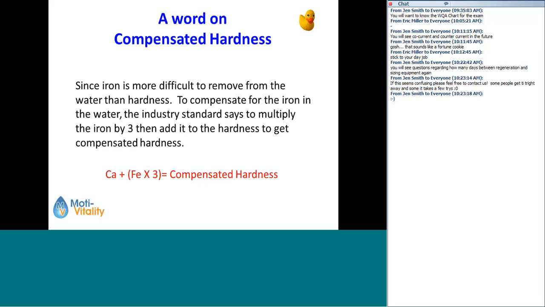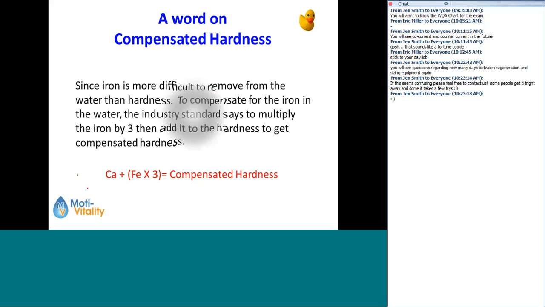Okay, so if your hardness is, say, 20, and your iron is 2, then you would multiply that by 3, equals 6. So your compensated hardness in this case is going to be 26.